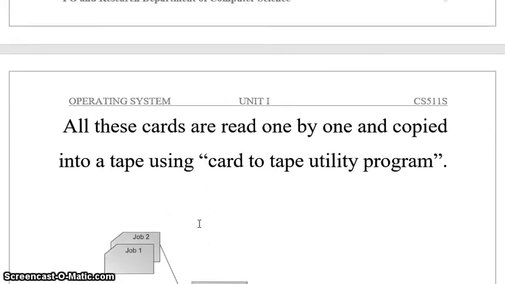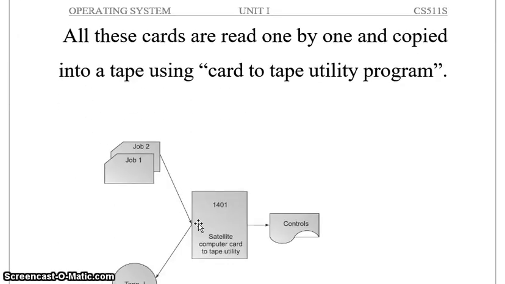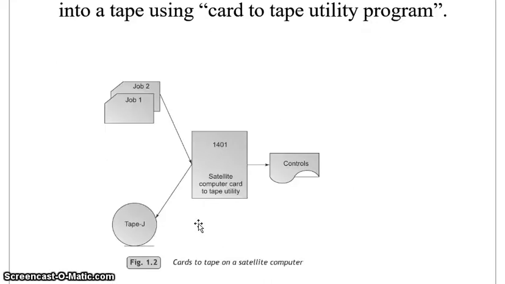Now all these cards are going to copy the jobs from your punch cards to the tape. Here we have the 1401 satellite computer. In this satellite computer, all the jobs which are in punch cards are stored in tape J. How is it stored?